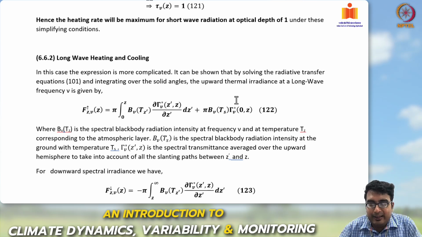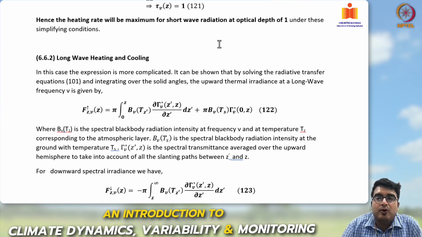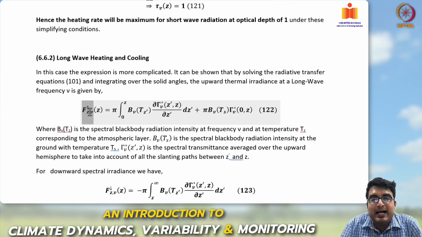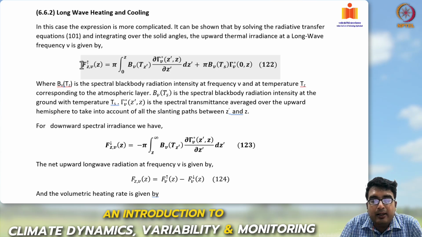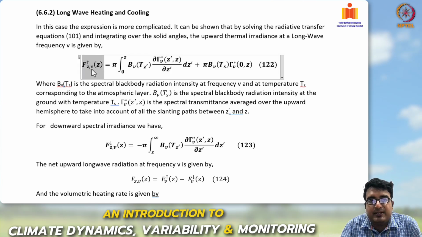The derivation is more complicated, so we are not going into this, but we can find the total hemispherical spectral radiative flux density Fz nu upward at any altitude Z.